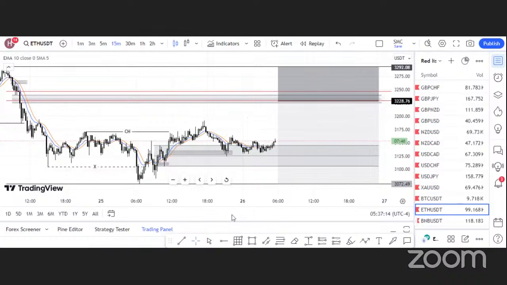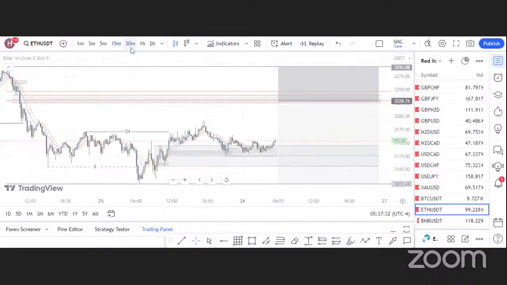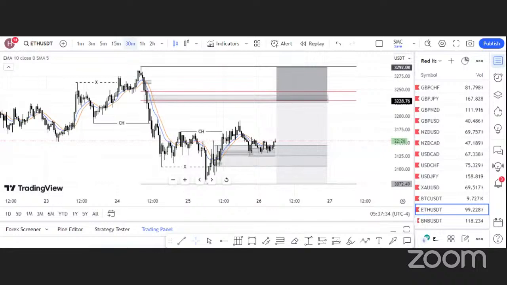And then right now we have the market trying to respect this level where we have another block.